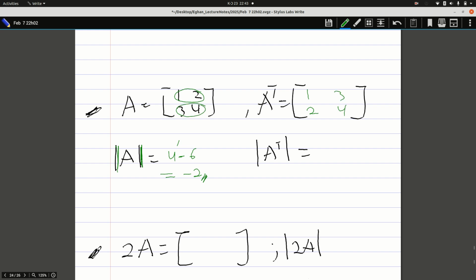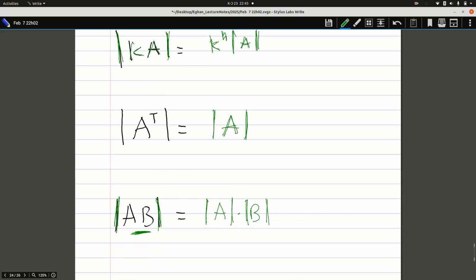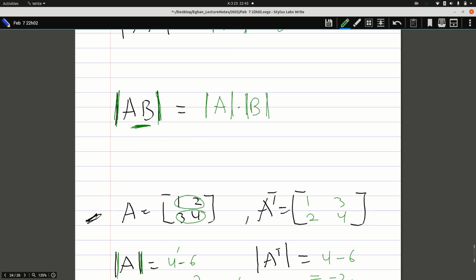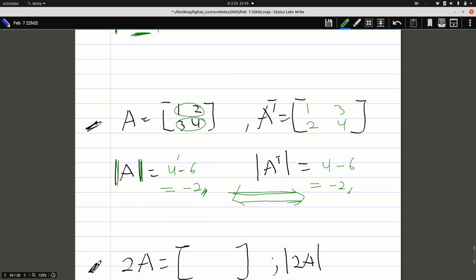And what's the determinant of this? I'm going to get 4 minus 6, that is negative 2. Are they the same? Yes. And so the property here is fulfilled. So if you have a matrix and you want to find the determinant of its transpose, it's the same as the determinant of the main matrix. That is what the property says.